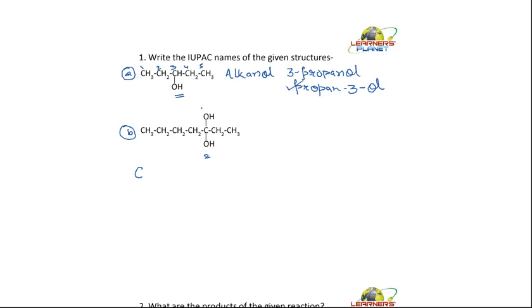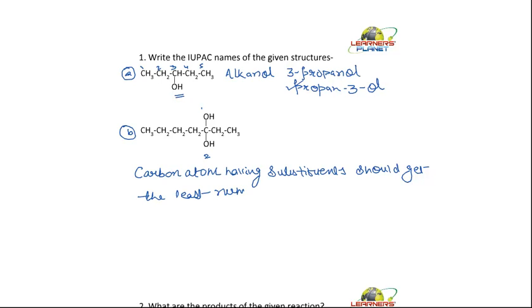The rule is that the carbon atom bonded or having substituents should get the least number. So we will number it from this side, that is 1, 2, 3, 4, 5, 6 and 7.